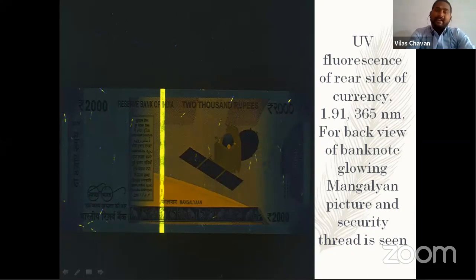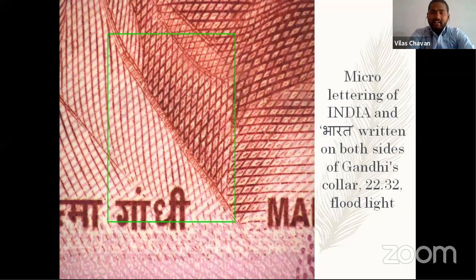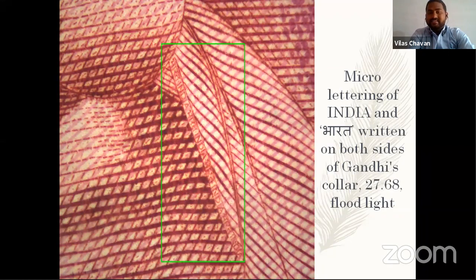Then comes the micro lettering of India and the Devanagari word Bharat written on both sides of Gandhi's collar, which is observed under high magnification power under floodlight. Same, here is the micro lettering of Bharat and India at the second collar of Gandhi's portrait. The next is the latent image of numeral 2000.